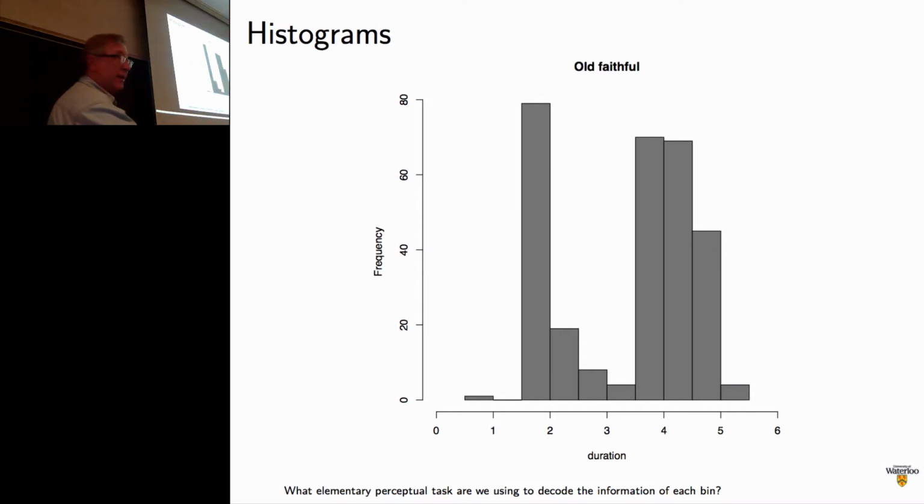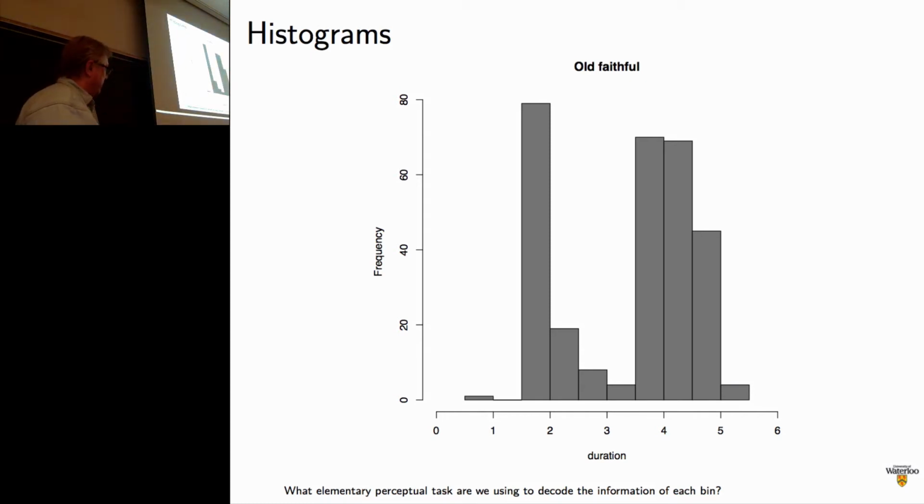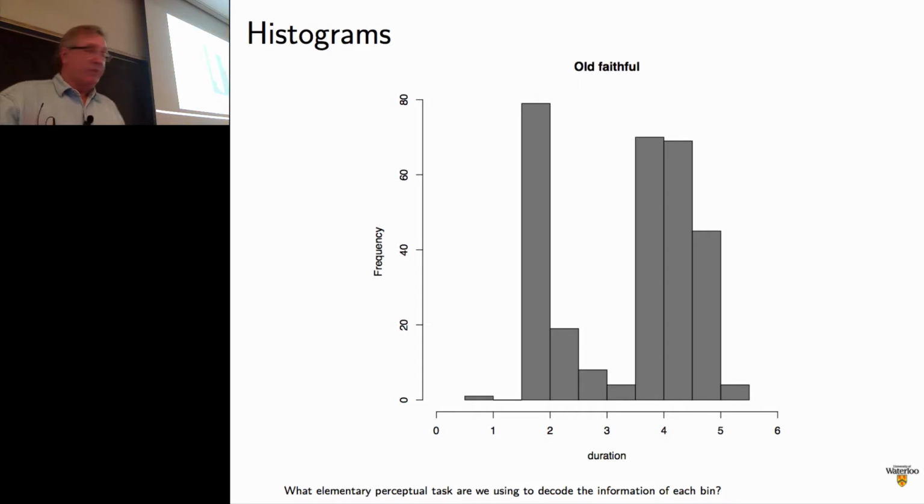They're on a common aligned scale, or alternatively the position of this height along a common aligned scale. So I want you to think about those perceptual tasks that we talked about in the first couple of lectures whenever you're looking at any of these graphics. So that's what we're trying to decode, but we're also getting a sense of the shape here. We see these two bumps, these two modes from the default histogram.